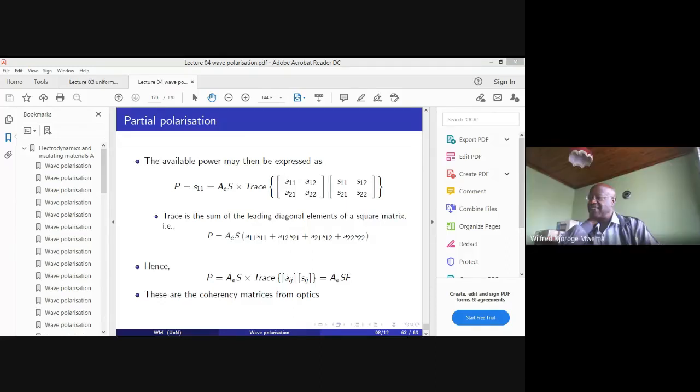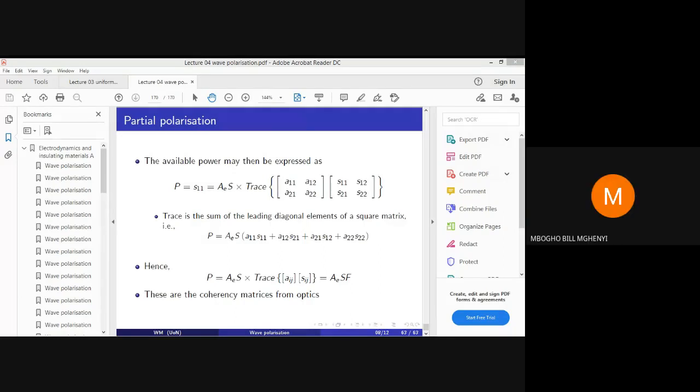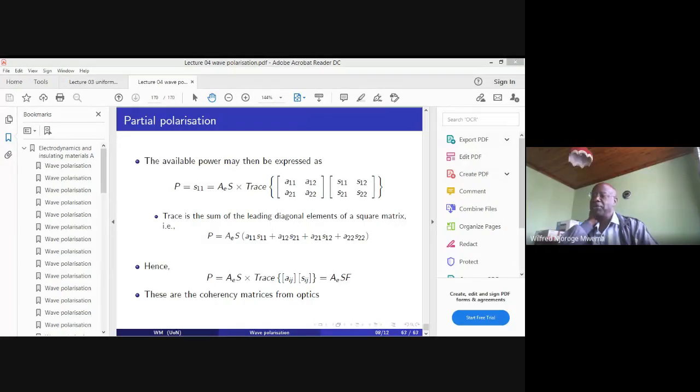We said that J was given as a convection current Jv plus a conduction current J sigma. We were not going to consider convection currents, that is, the movement of charges in space.